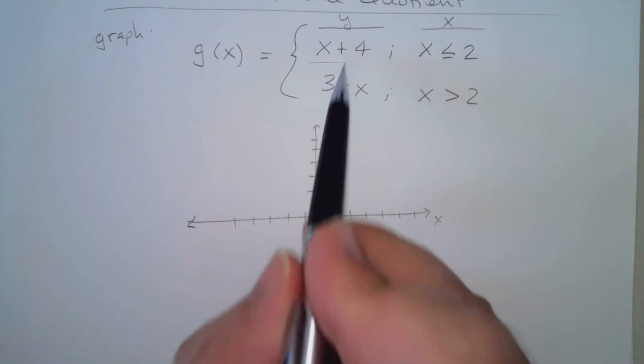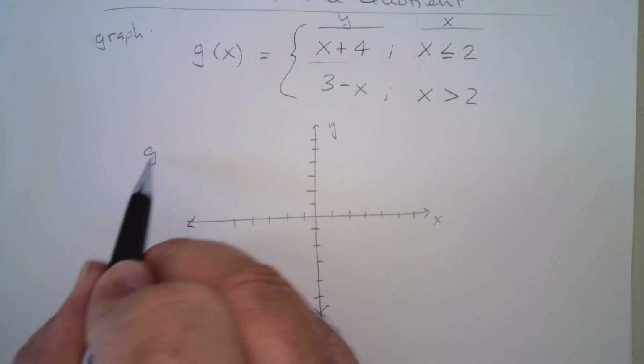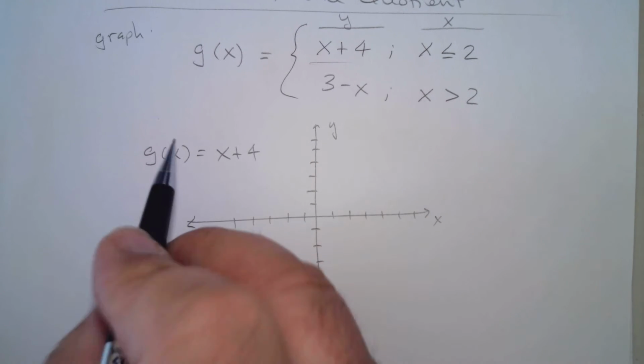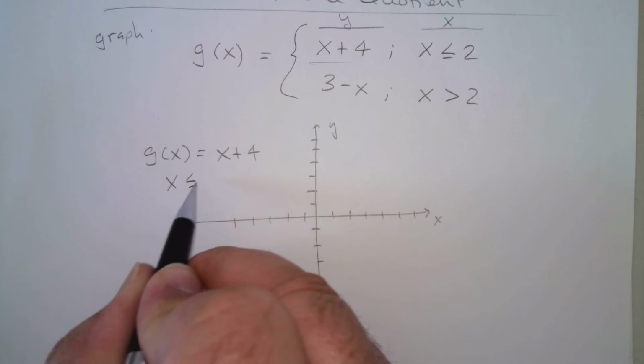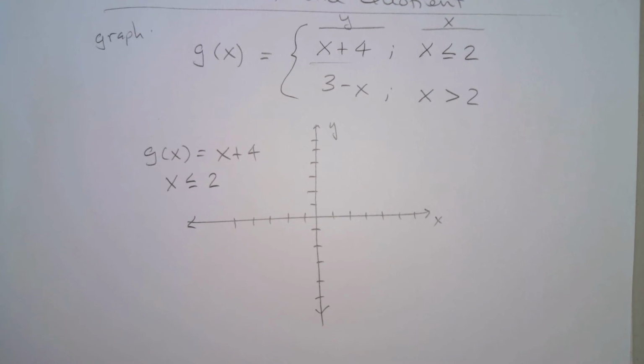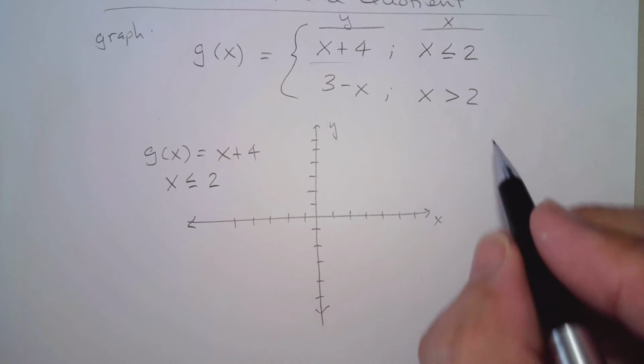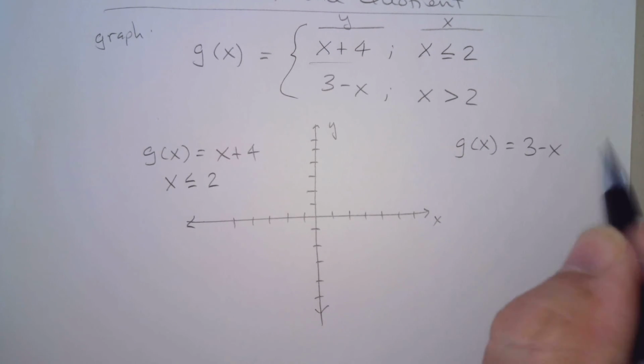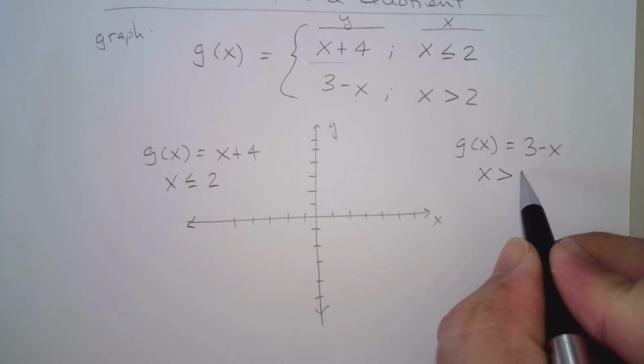So we have two separate equations here. We have g of x equals x plus 4 for all the x's less than or equal to 2. And then we have another function, 3 minus x, for any x greater than 2.